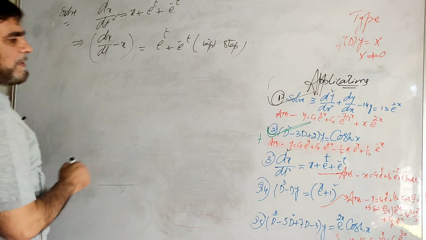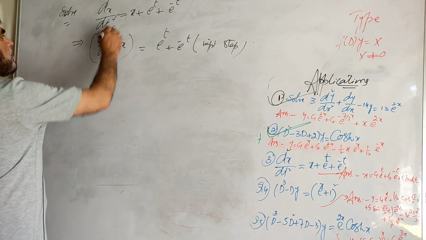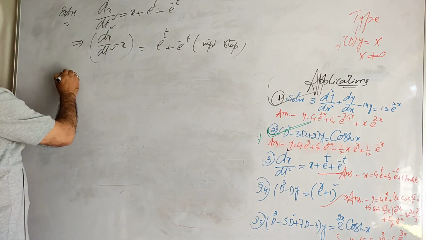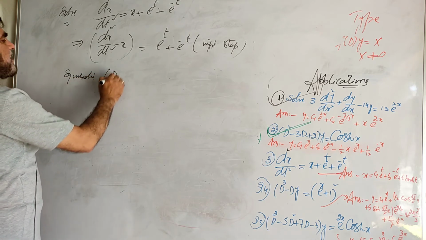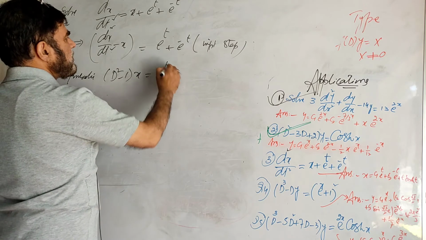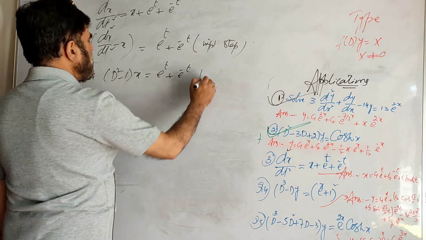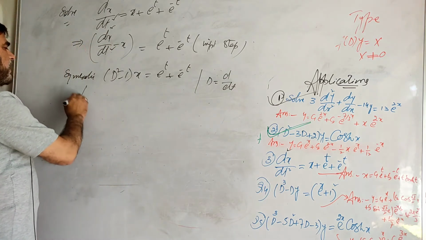Correct it there also. So what is the symbolic representation? It is d square minus 1 into x is equal to e raised power t plus e raised power minus t, where d is d by dt. Remember. So what is the auxiliary equation?